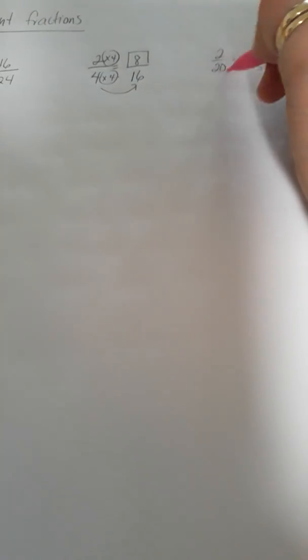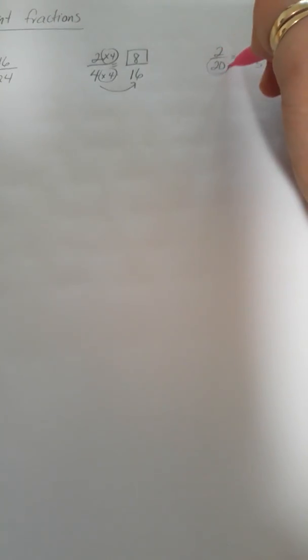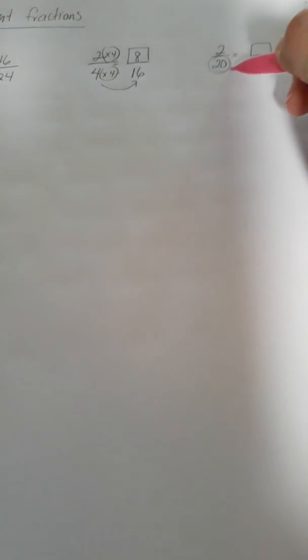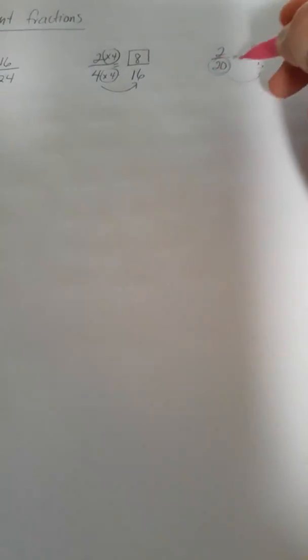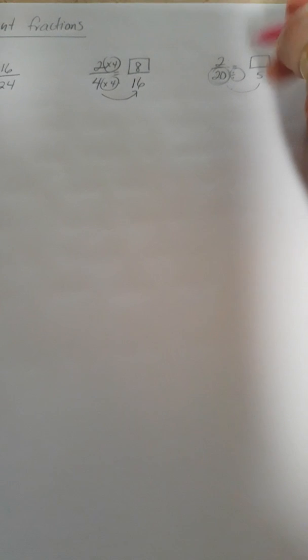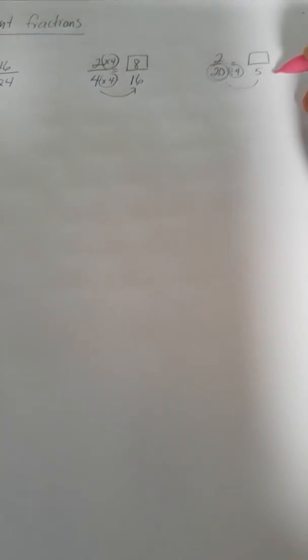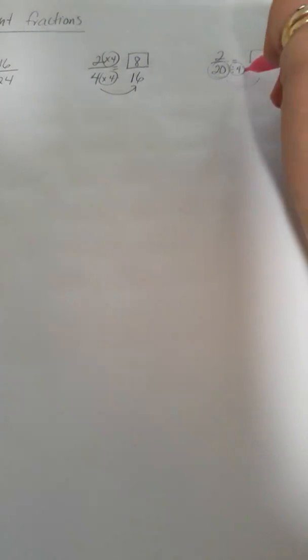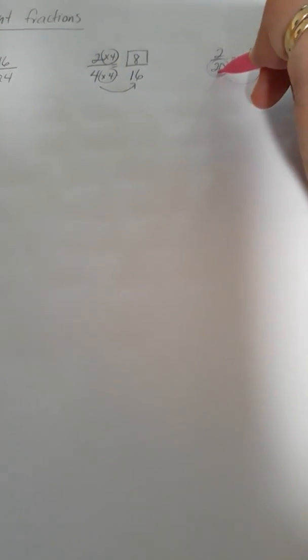Well, since I have a bigger number on this side, and there is nothing that I multiply that equals 5, then I'm going to do it the opposite way around. The opposite of multiplication is division. So that would be 20 divided by what number equals 5? That would be 4, okay? So that means that 5 times 4 is 20.